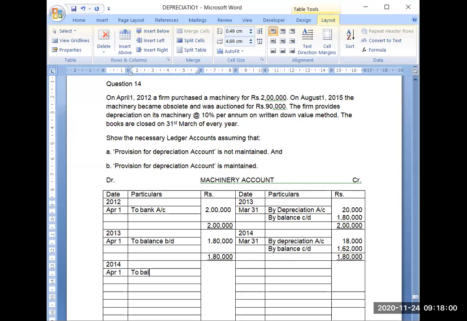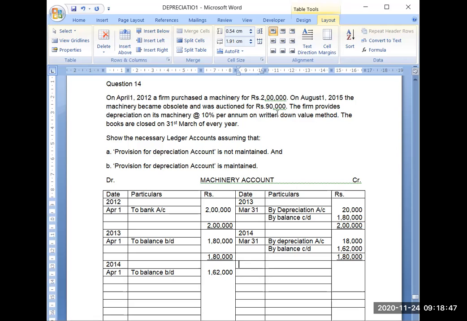To balance brought down. And the balance is 1,62,000. Now we will check the transaction in 2014-15.